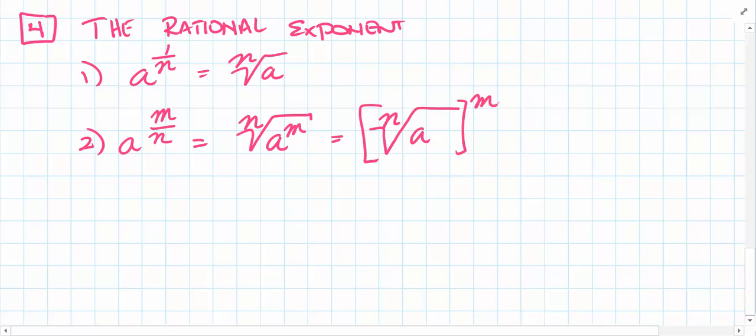Does that make sense to you? Have you guys seen this before? A few things to note here. m must be an integer, so m is an element of the integers, and m divided by n has to be in lowest terms.